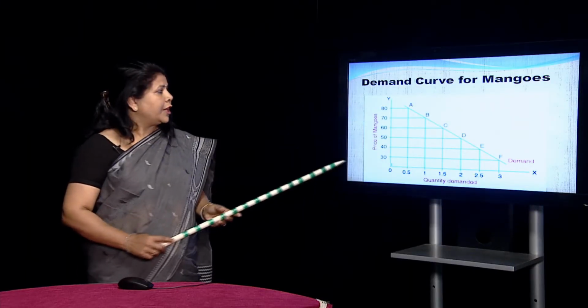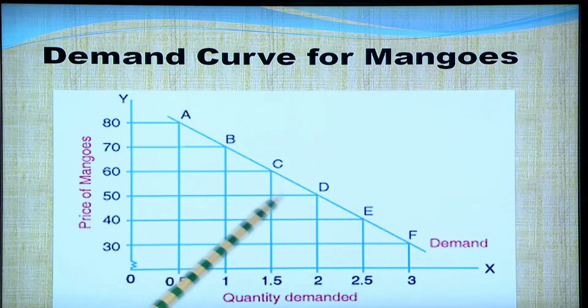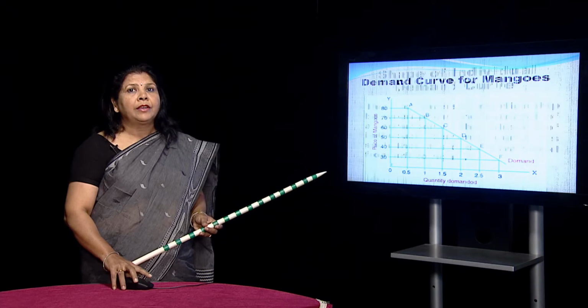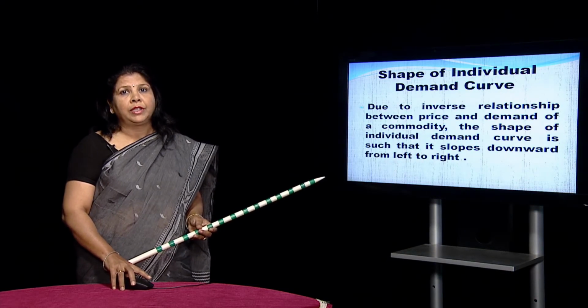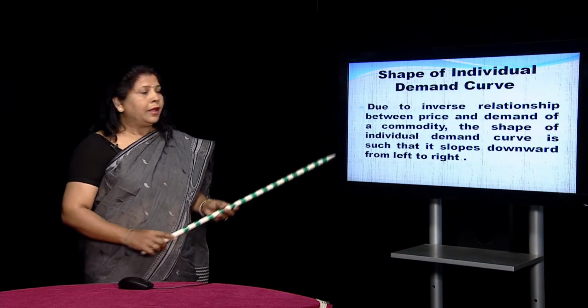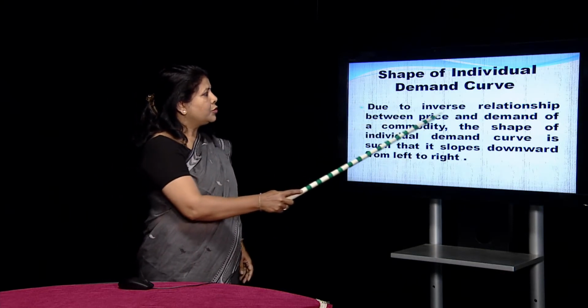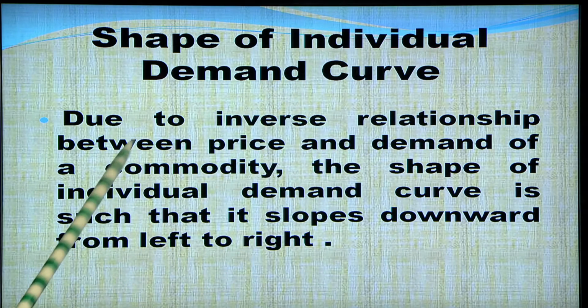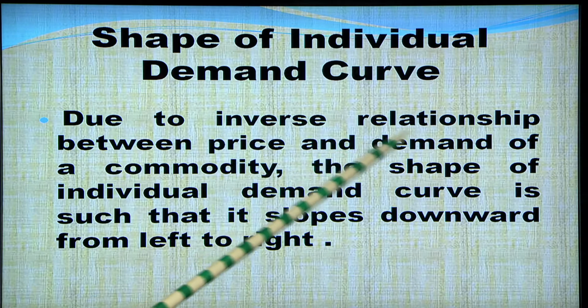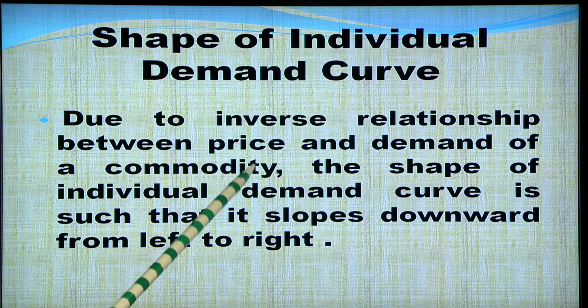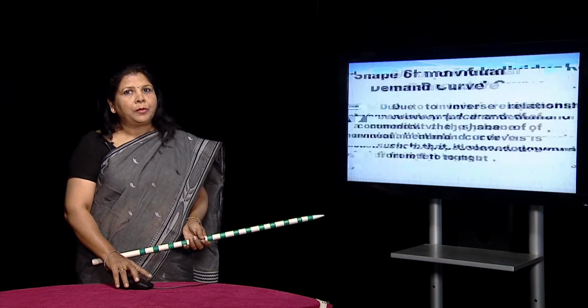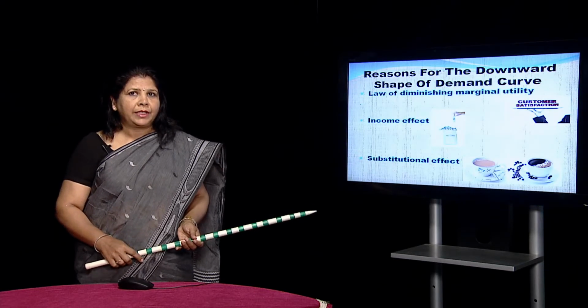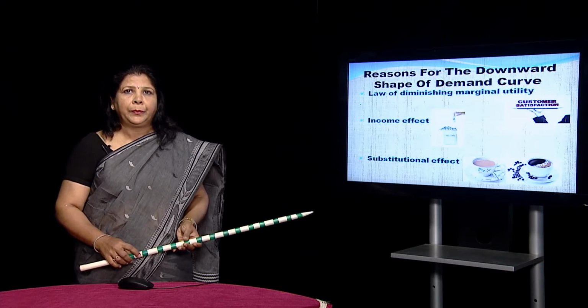Kindly note the shape of the demand curve, it is downward sloping. That is, it is falling downwards from the left to the right. And this is due to the inverse relationship between price and demand of a commodity. I hope the shape of the demand curve is very clear to each one of you.